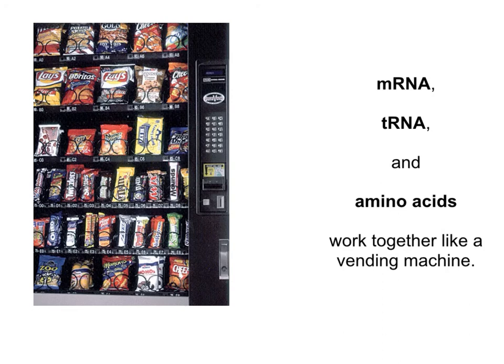Okay, so this translation thing can get a little confusing. So let's step back and think about it in terms of something we all know and love, the vending machine. If I walk up to a vending machine and I want to eat, let's go with Doritos, because Doritos are amazing. How do I get my Doritos? Well, I look at this number and I plug in the code. I plug in B2. That tells the vending machine that I want Doritos. And so what's going to happen next?